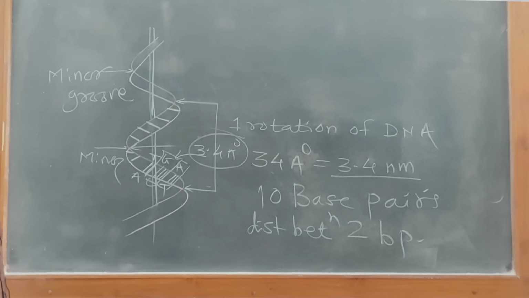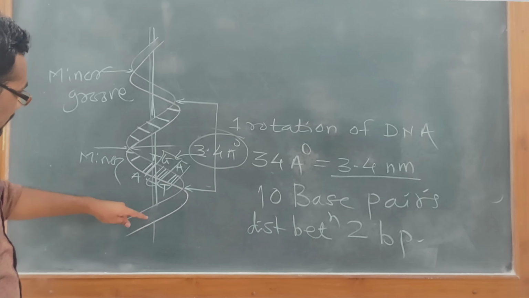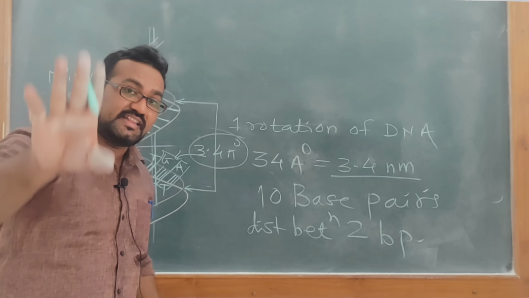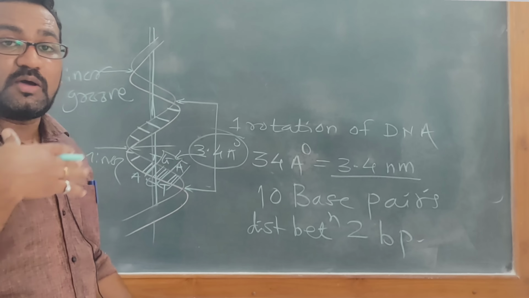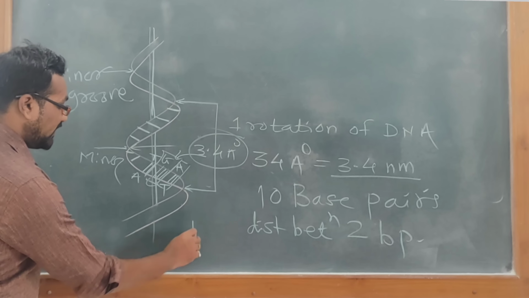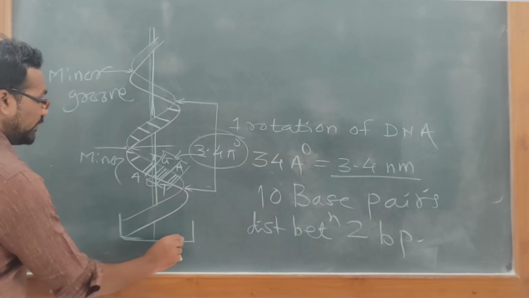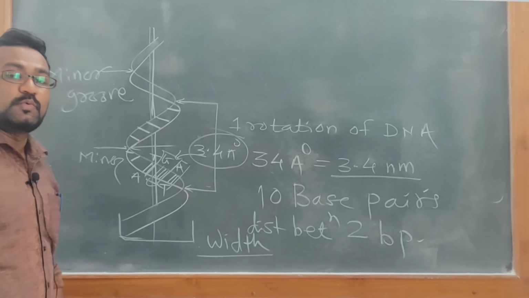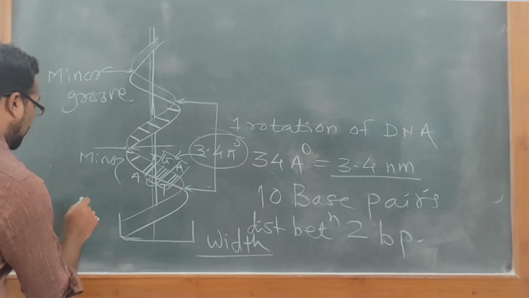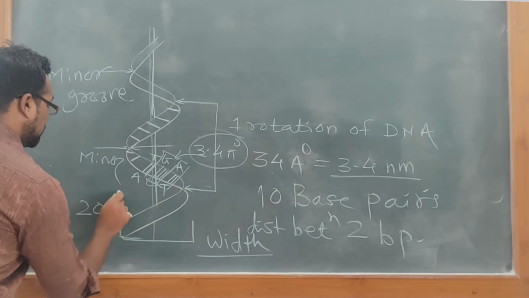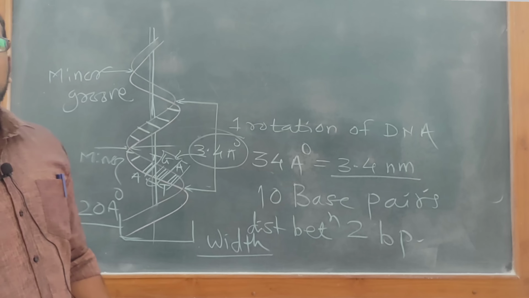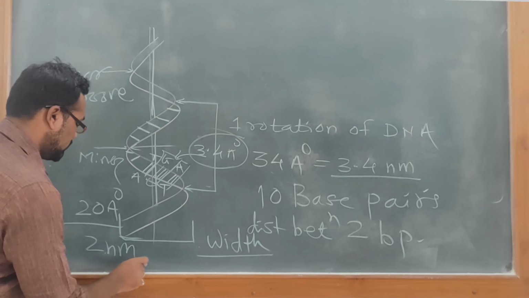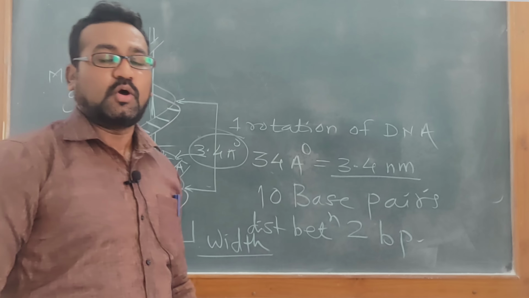So we have drawn the structure. This is an imaginary axis. Imaginary axis means there is no such axis present there. We have drawn this axis for our understanding. If you look at the thickness or width of DNA, it is around 20 Angstrom. 20 Angstrom means 2 nanometer always.